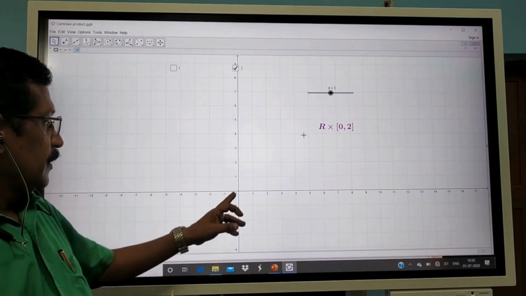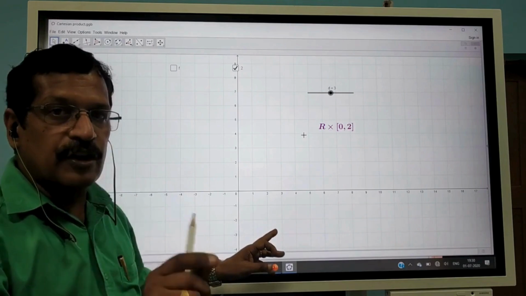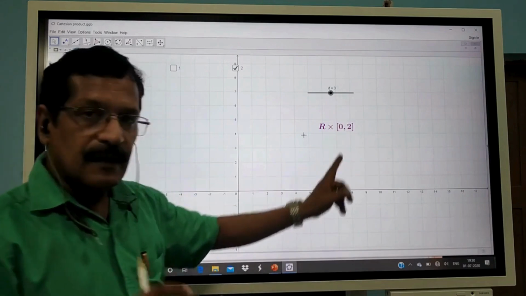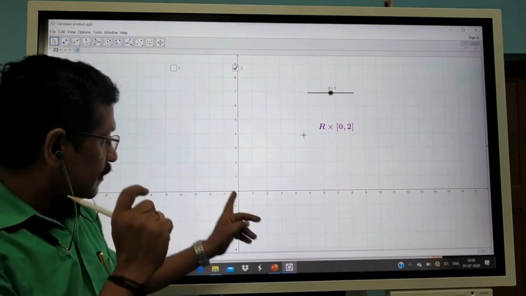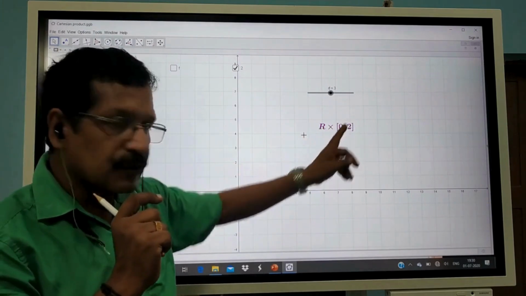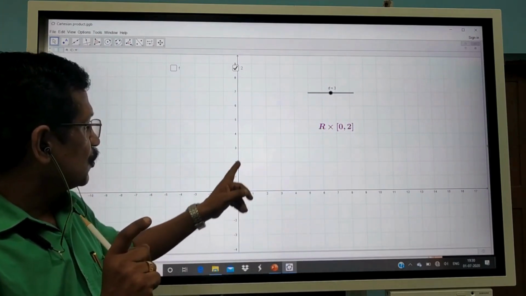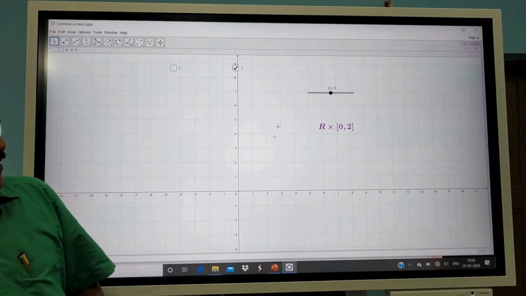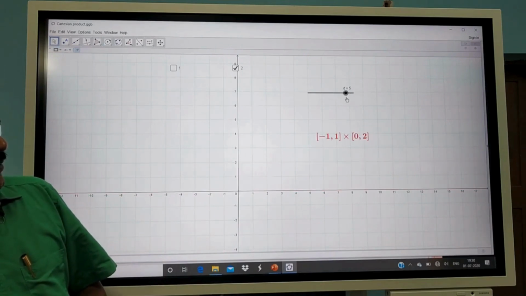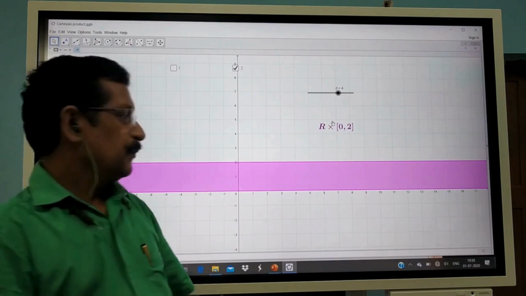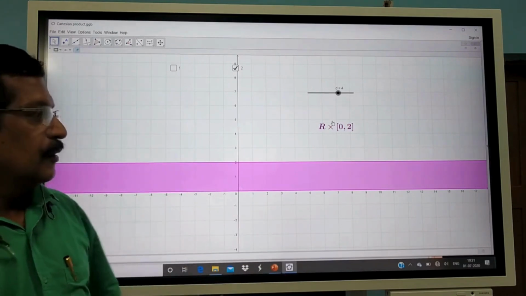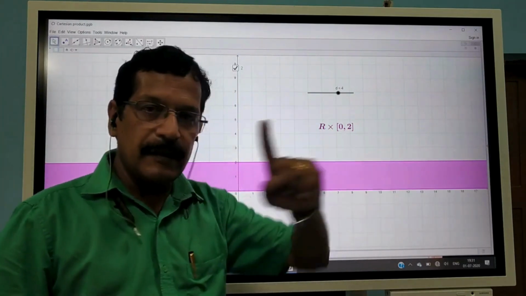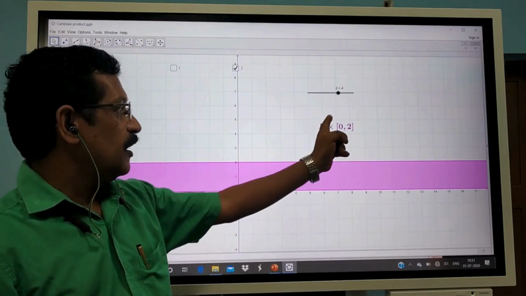It means that the x-coordinate or first component is an element of this real line, and the second component is an element of the closed interval [0, 2], meaning from 0 to 2. What will that be? That will be the strip, this pink region. All the points in this colored region will be points of the Cartesian product R cross [0, 2].